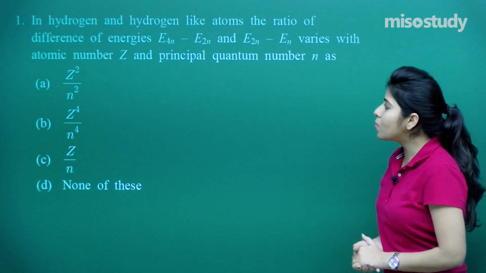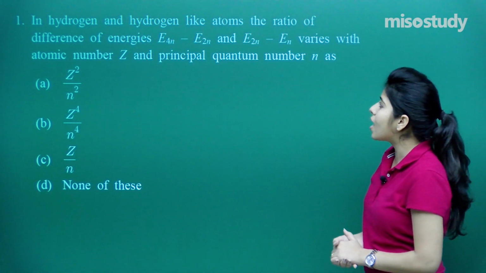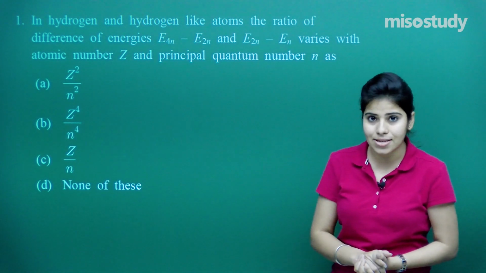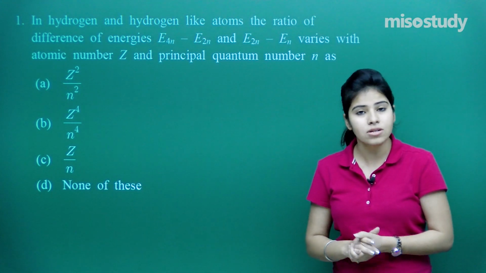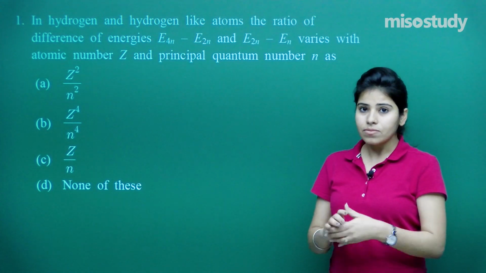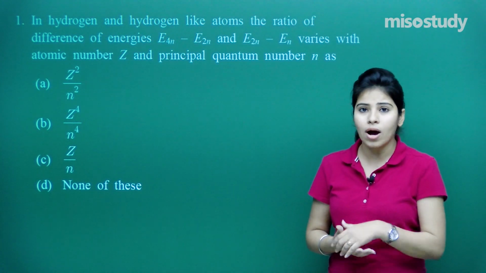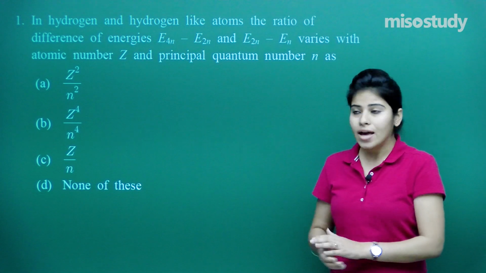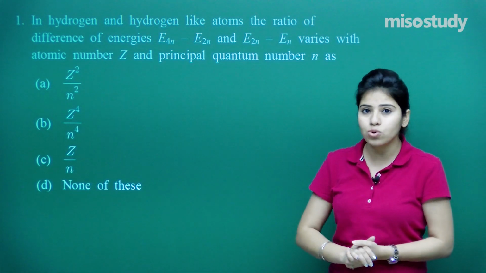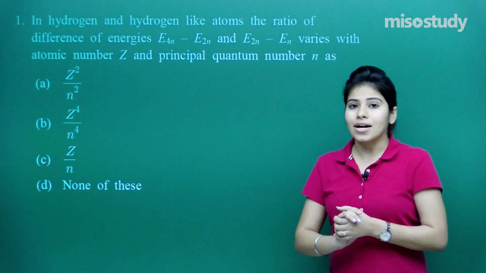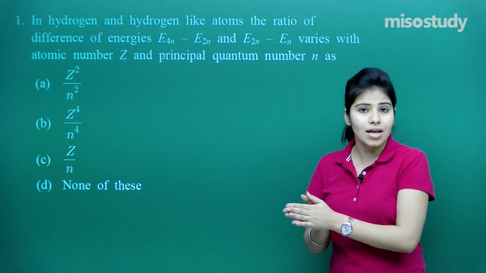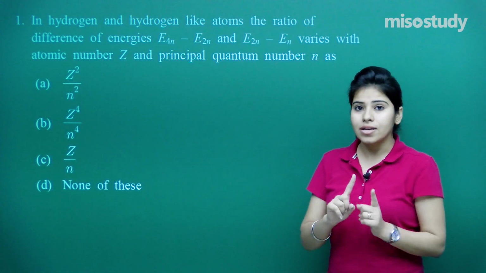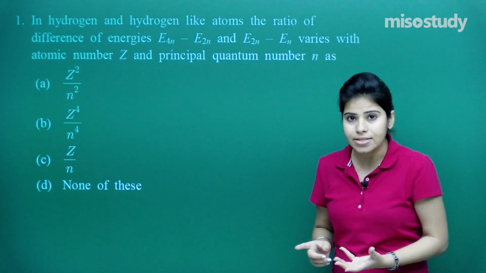Question number 1 says that in hydrogen and hydrogen-like atoms, as my dear students, I have already discussed what hydrogen-like atoms are. Hydrogen is 1H1, and if I am talking about hydrogen-like atoms, that means their atomic number will differ; it will not be 1, it will be something else.